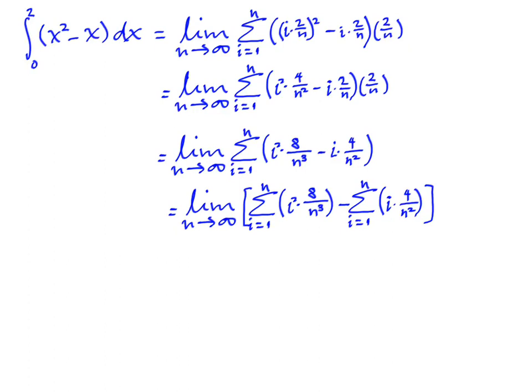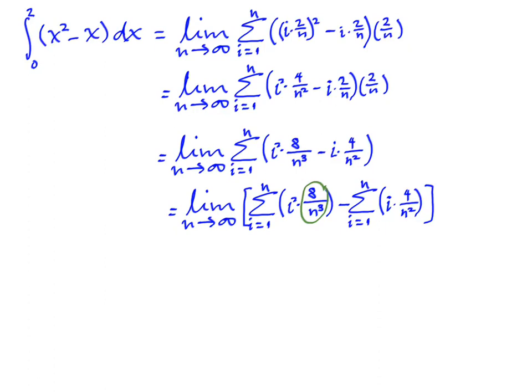Okay, so now when I look at those individual sums, let's look at the first sum, the sum from 1 to n of i squared times 8 over n to the third. The 8 over n to the third does not depend on i, so that doesn't change. It's in every term.